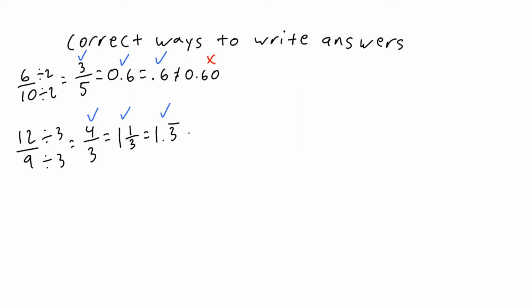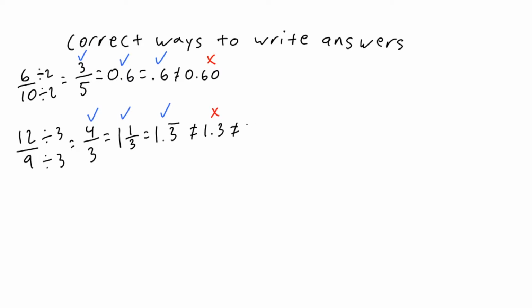Now, incorrect ways to write this. So it's not equal to 1.3. It's not just 1.3, it's 1.3 repeating. So this is an incorrect way to write the answer.